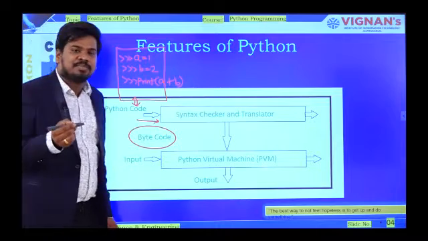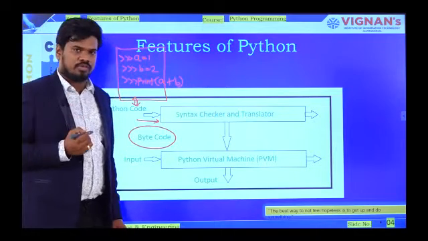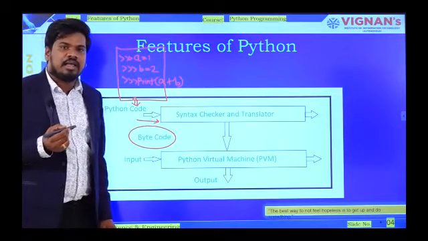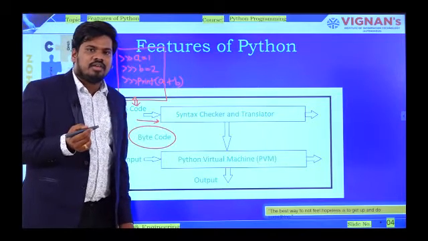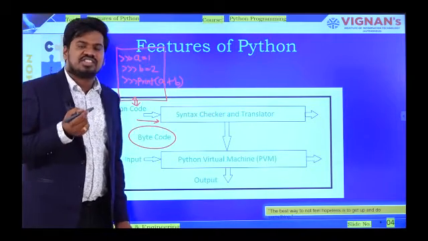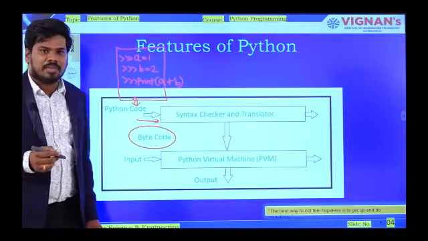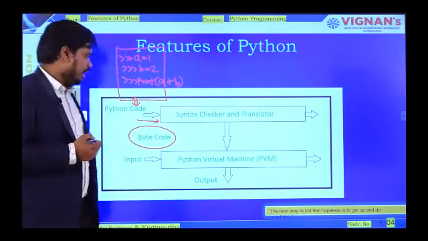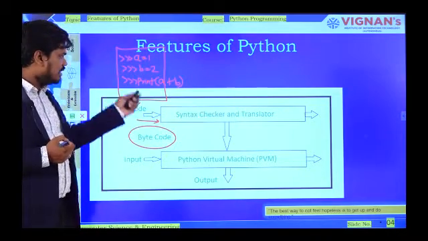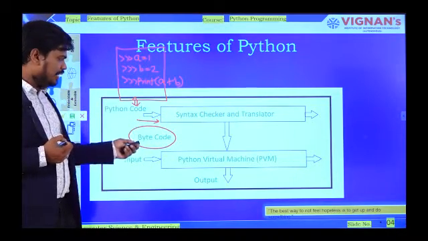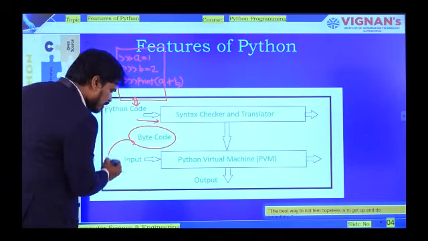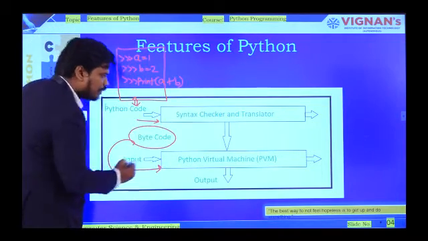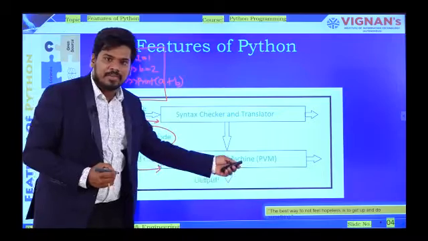You may ask me, sir, what is byte code? A byte code is a piece of instruction, a machine instruction, not in a zeros and ones format. After the translator converts my English statements into byte code, this byte code will be given as an input to my Python virtual machine.